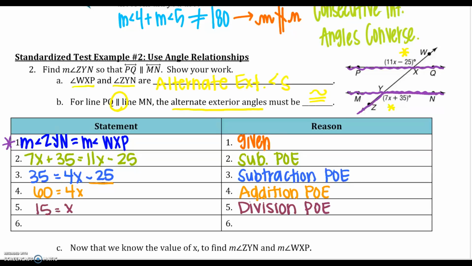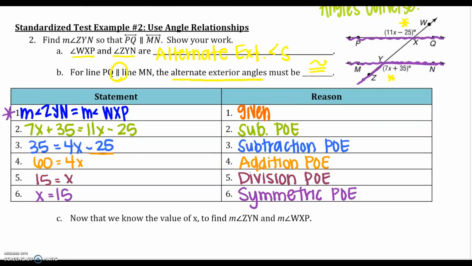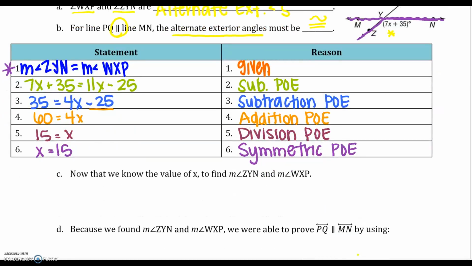And then last, because I'm just trying to keep my properties fresh, I'm going to use the symmetric property to switch that around. Alright, so if x equals 15, now we need to know the measure of these angles. So I'm looking at ZYN, and I know that x is 15.